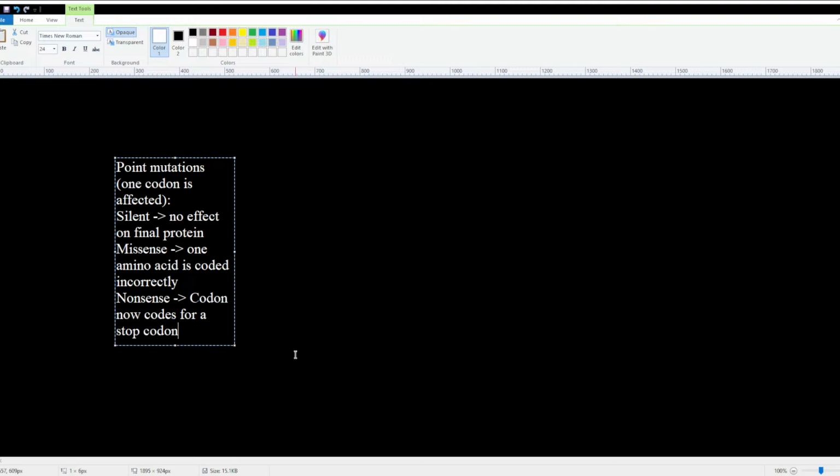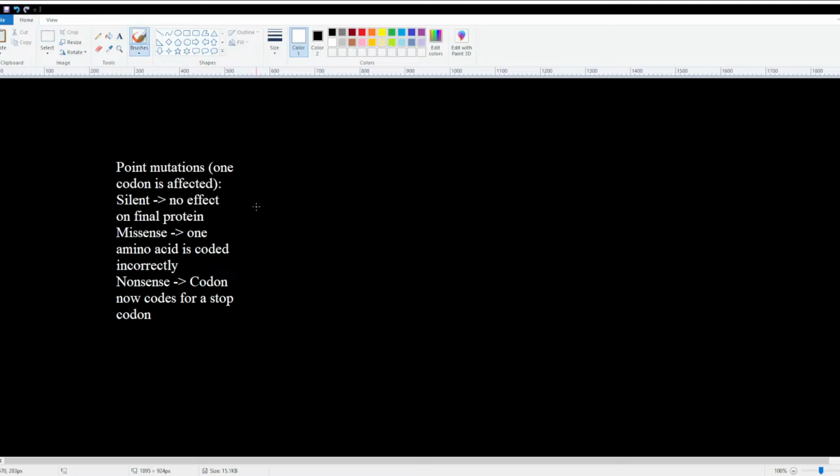Do you see how we're going from levels of severity downward? Silent wouldn't be severe at all. That would have no effect. Missense would be kind of bad depending on what the amino acid is. If we're changing one amino acid in one giant protein, there's still a little bit of room for error. However, if the codon now codes for a stop codon, if we're ending earlier than what we started with, that will be really bad.